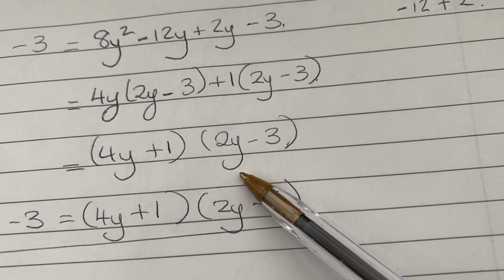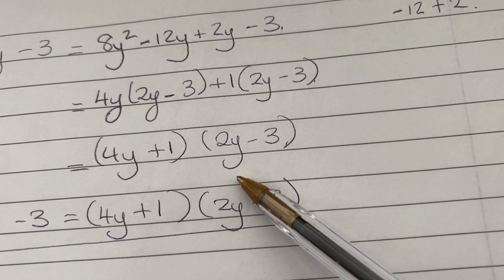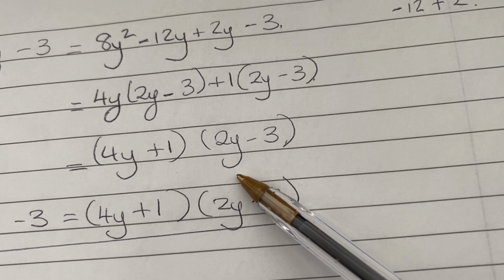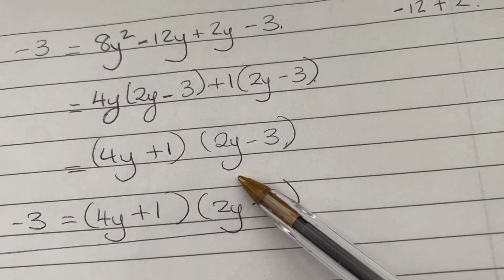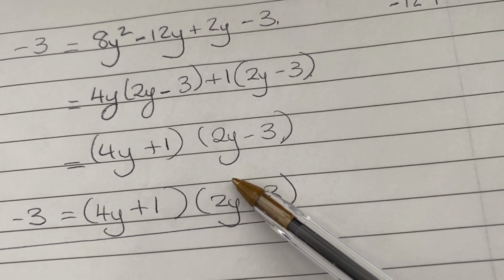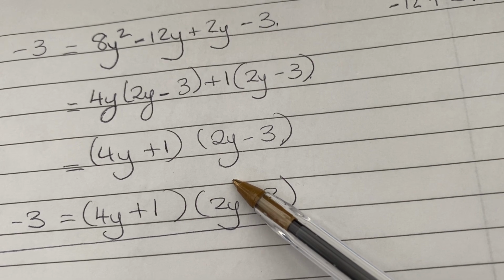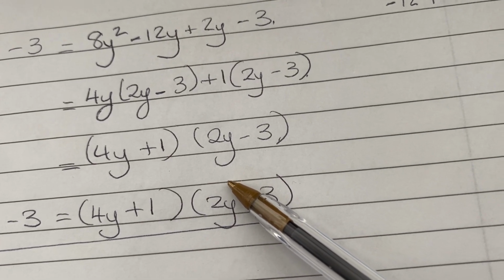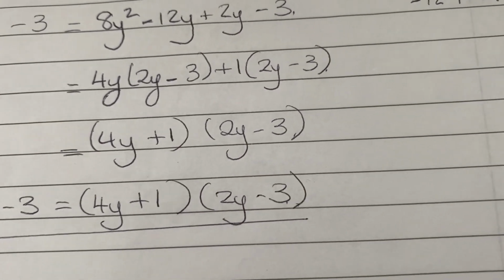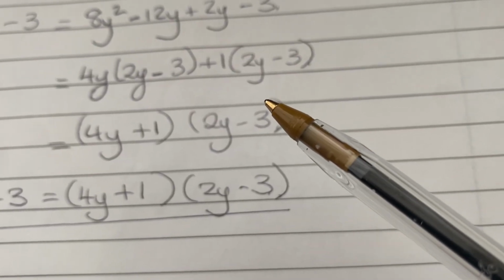What if you have 6y squared, or 8x squared, or 12y squared? It should be a quadratic equation though. The highest power should be y squared. If not, it's not a quadratic equation. Go and have a look.